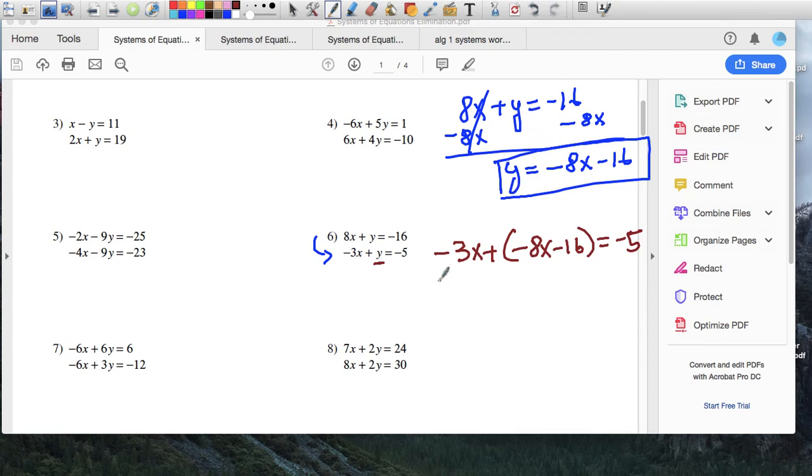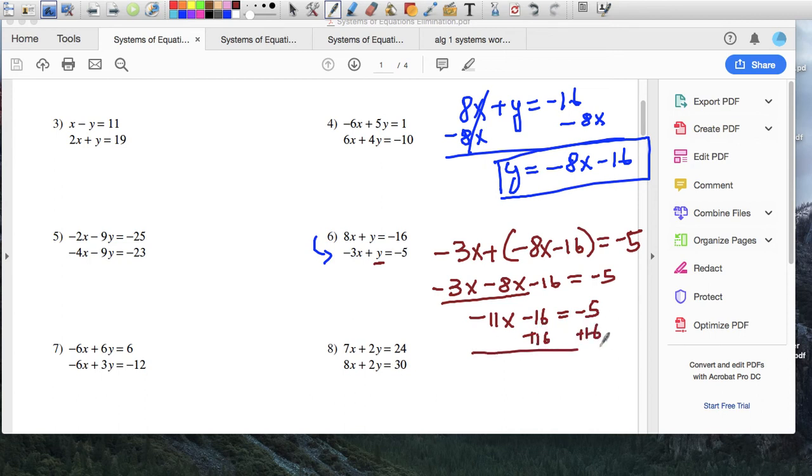Let me remove the parentheses. Because there's a plus sign in front of the parentheses, everybody inside comes out the same way; their signs won't change. Combine like terms, these two can be combined, and I get -11x minus 16 equals -5. Plus 16, plus 16, I get -11x equals 11.